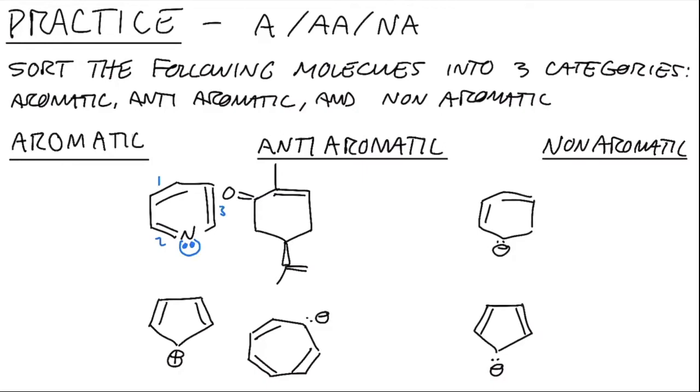It's not a sigma bond, but it's in the same plane as all the rest of the sigma bonds in this ring, and the sigma bonds are perpendicular to our pi system. So that means we are not allowed to use those in resonance. If this is a little tough to visualize, you can look in your textbook or go online and Google a model of pyridine. That's the name of this compound.